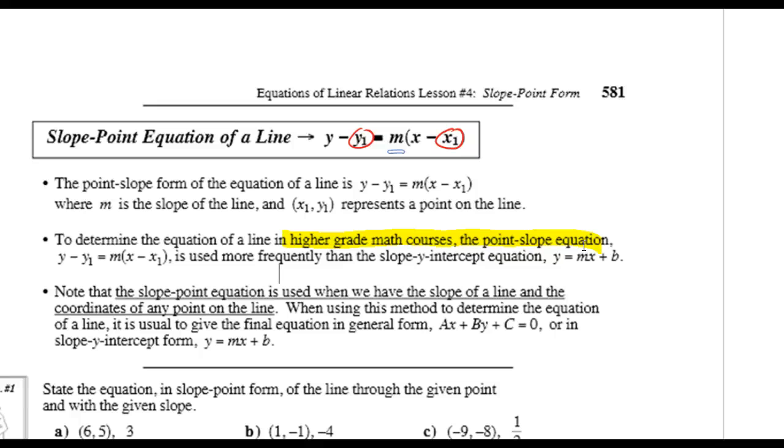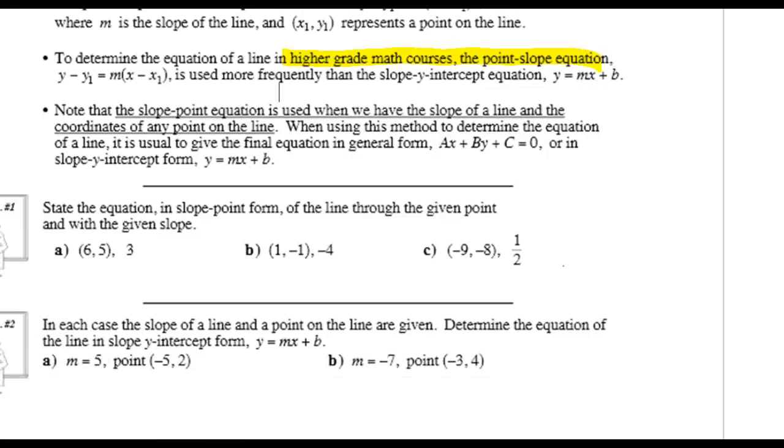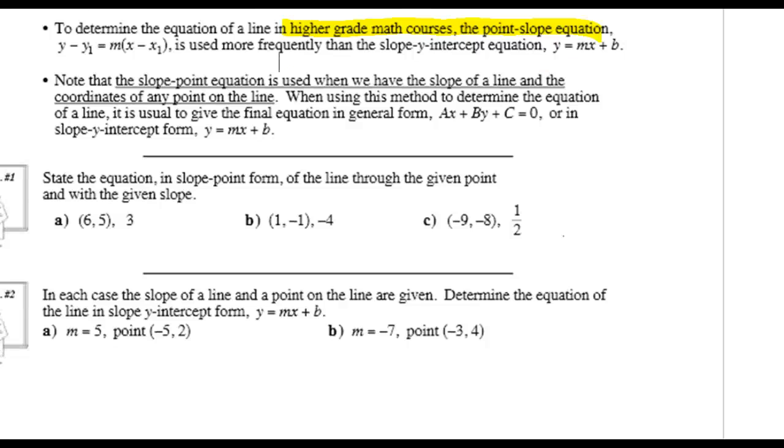Let's get to a few examples below. Hopefully you've done the investigation and have an idea of what's going on, so these should be pretty straightforward. State the equation in slope point form of the line through the given point with the given slope. This is our coordinate, and this is our slope.